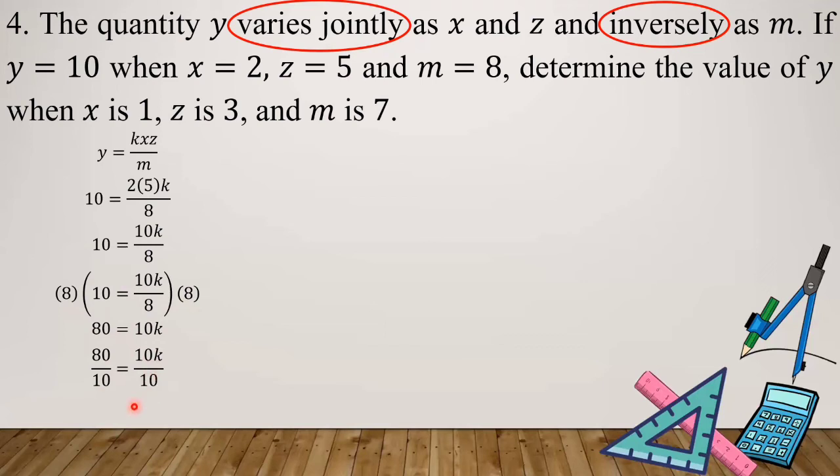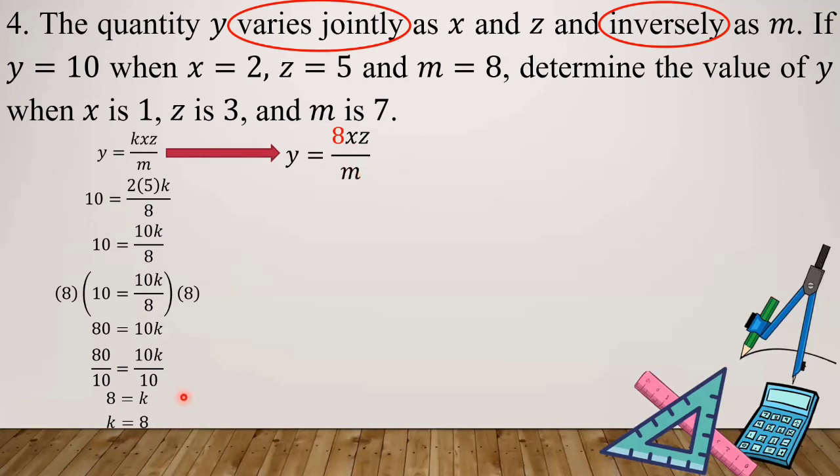Since 1 siya, kahit huwag na natin ilagay. So 80 divided by 10 is equal to 8. Or the value of k is equal to 8. Or 8 is equal to k. So since our mathematical equation is y is equal to kxz over m, then the equation of variation is 8xz over m.